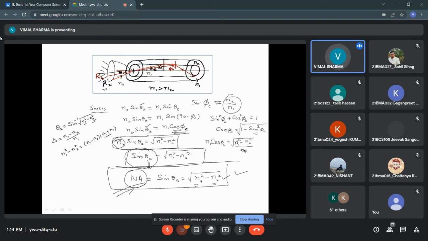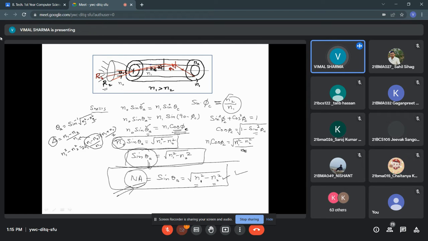And one more thing I can do, I can divide this by 2 and let me divide this by n1 to make it delta, that is fractional refractive index change. I cannot do it as it is. What I have to do is multiply this by the same thing, that is 2n1. So multiplying and dividing this by 2n1, I get this expression where I can identify this as delta.